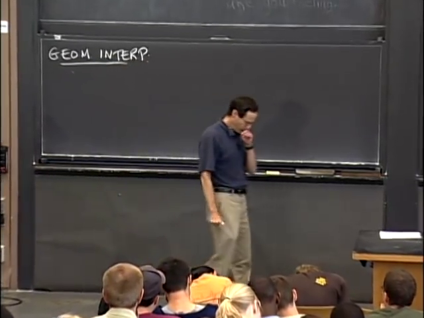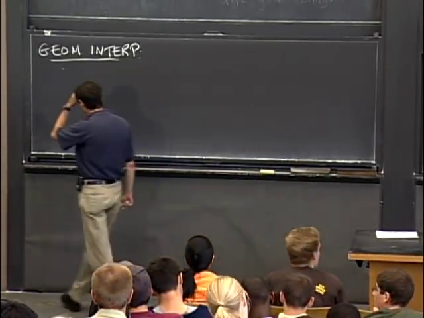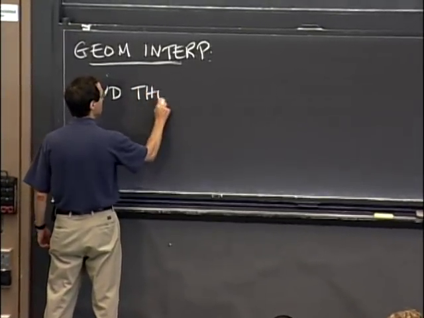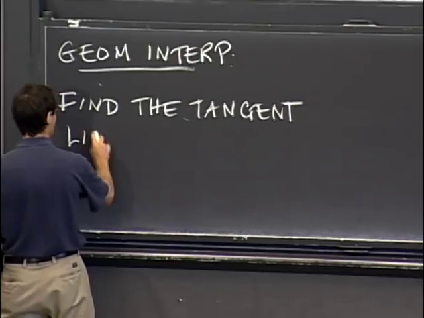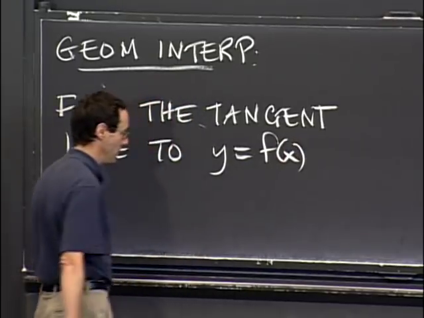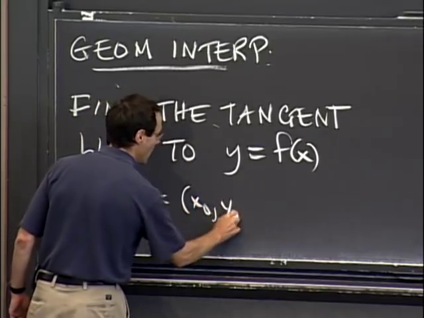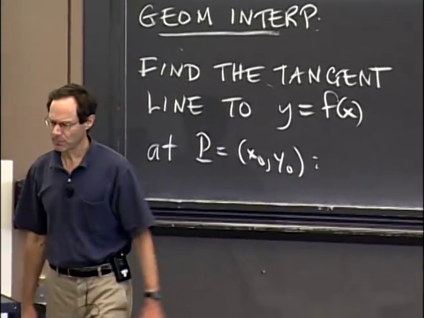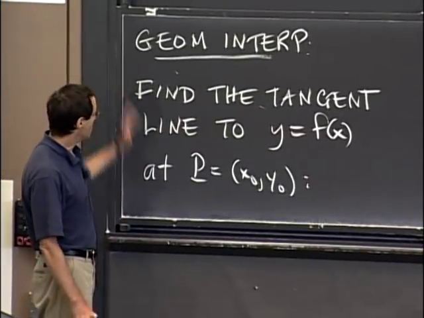And what we're going to do is just ask the geometric problem of finding the tangent line to some graph of some function at some point, which is, say, (x0, y0). So that's the problem that we're addressing here. All right. So here's our problem.